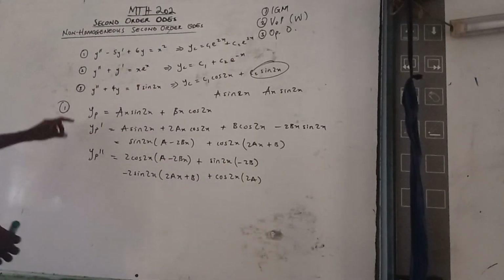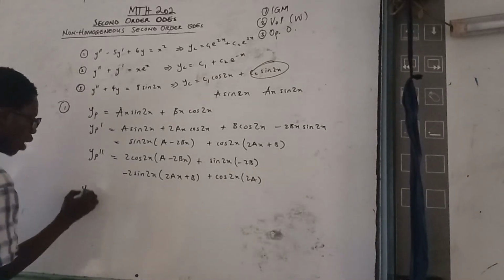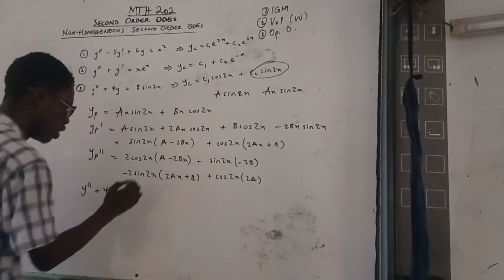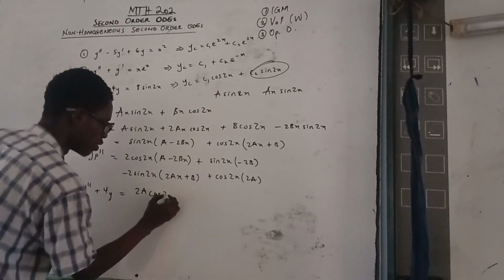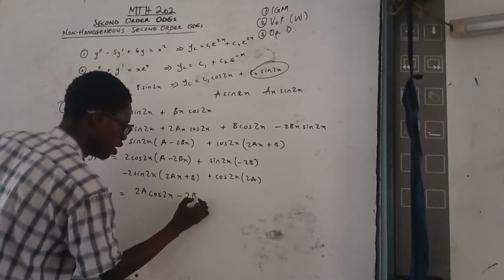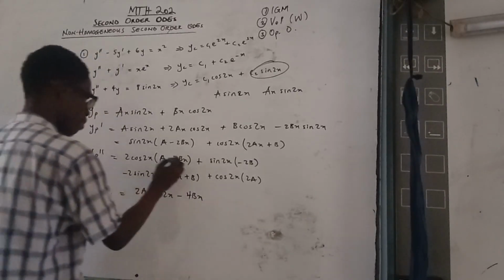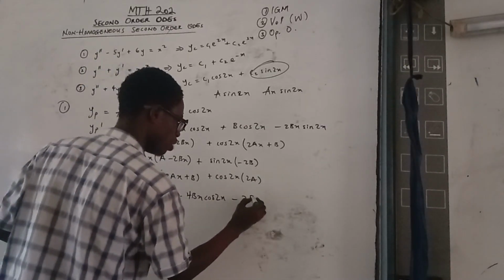So what did they ask us to do now? We are going to add y double prime plus 4y. So y double prime plus 4y equals everything here. 2a, let me open the brackets, 2a cos 2x minus 2bx, 2 times 2 is 4, minus 4bx cos 2x minus 2b sin 2x.